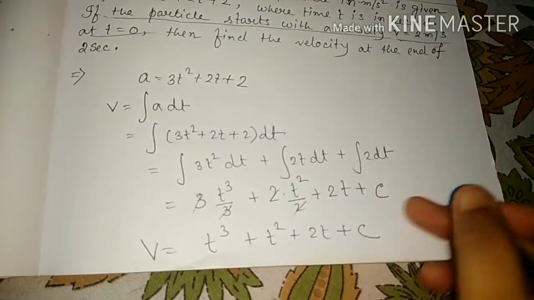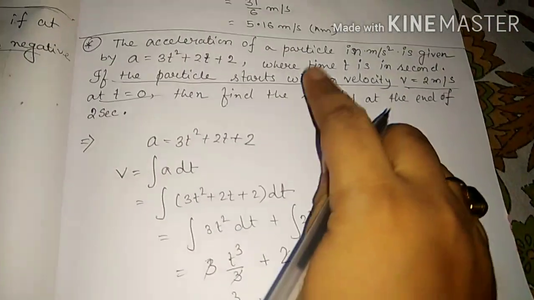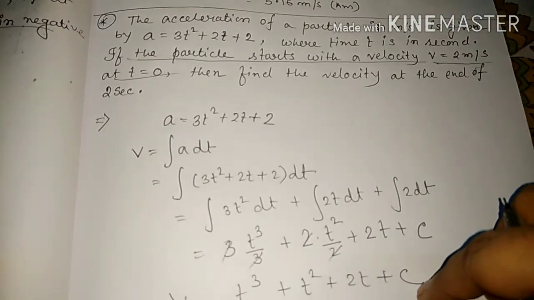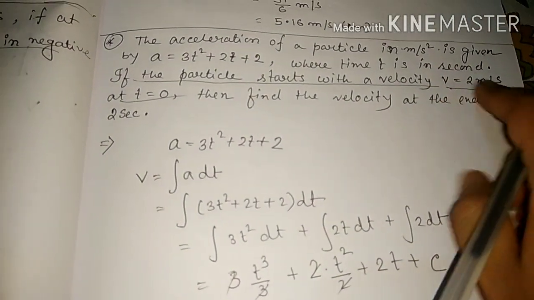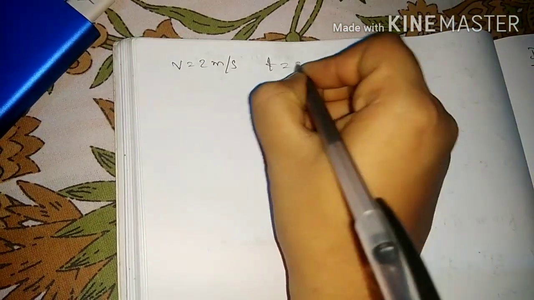This is the equation of velocity. We give this equation number 1. Now we use this equation to find the value of c. V equals 2 meters per second at t equals 0.